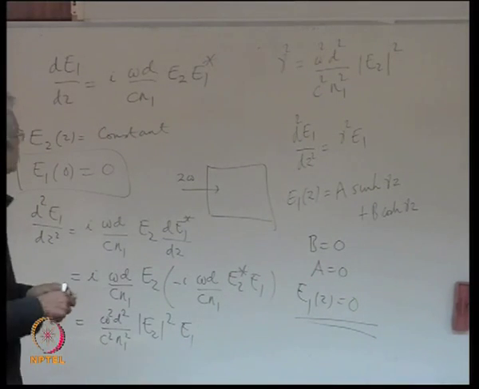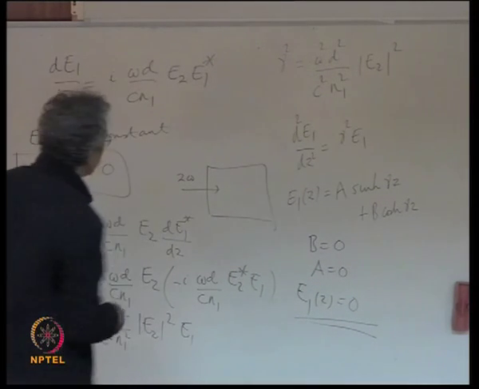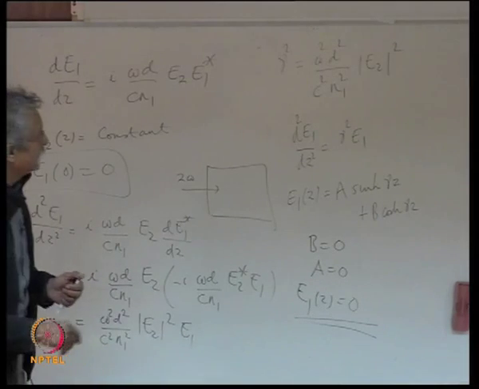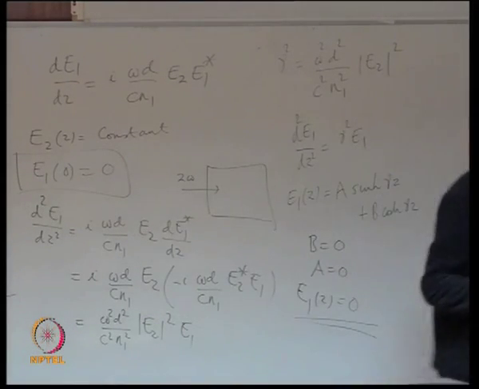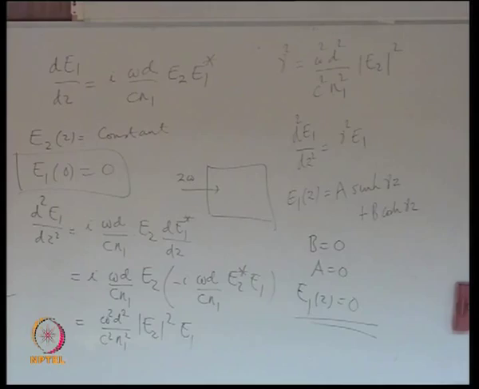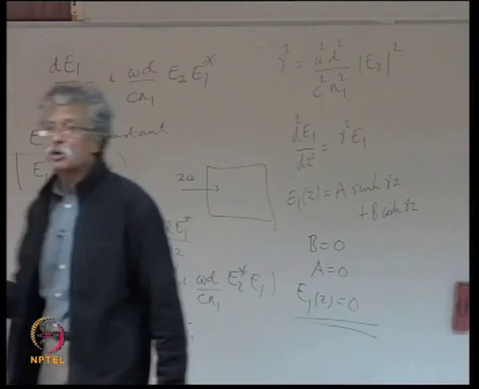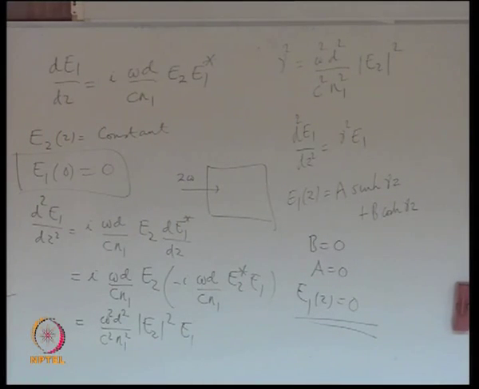Let me try to analyze, for example. The first thing is that without this quantum noise, there is no subharmonic generation. I cannot generate omega from 2 omega. This is what is called spontaneous parametric fluorescence or spontaneous parametric downconversion, SPDC.